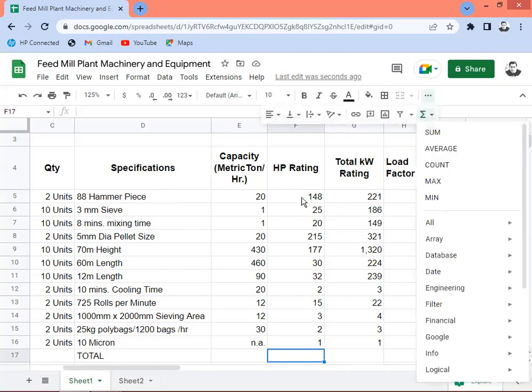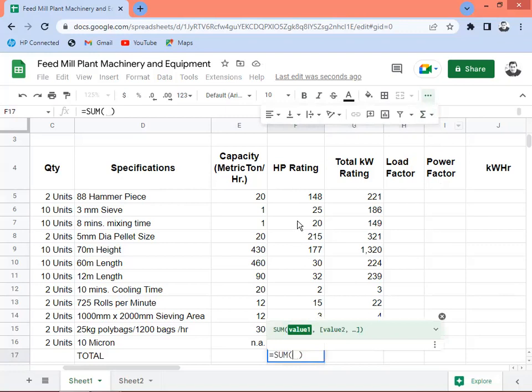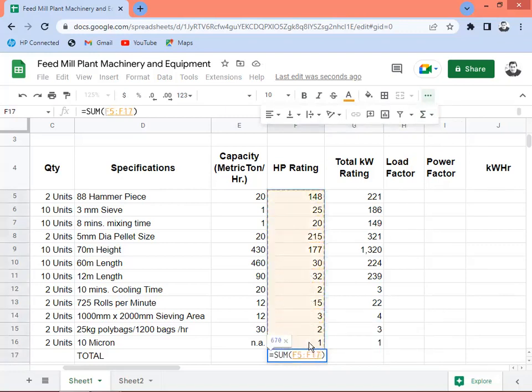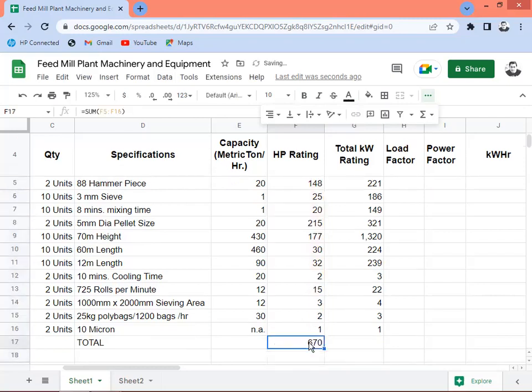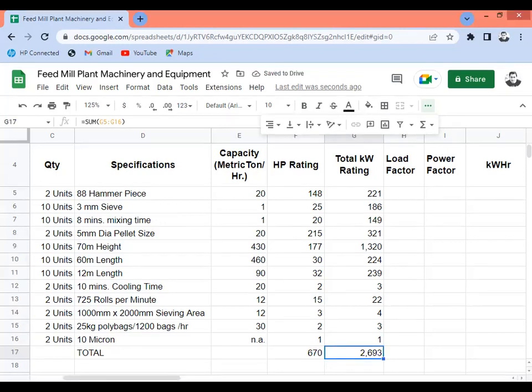HP rating would be how much? 670 horsepower. And this one also, just copy this. We have a total of 2,693 kilowatt rating.